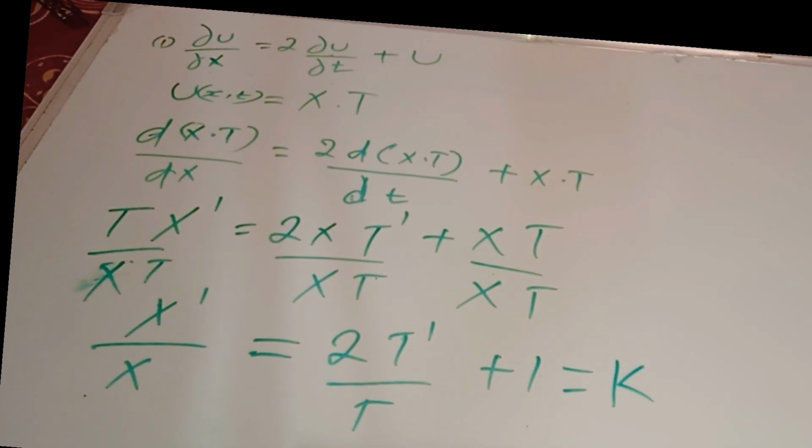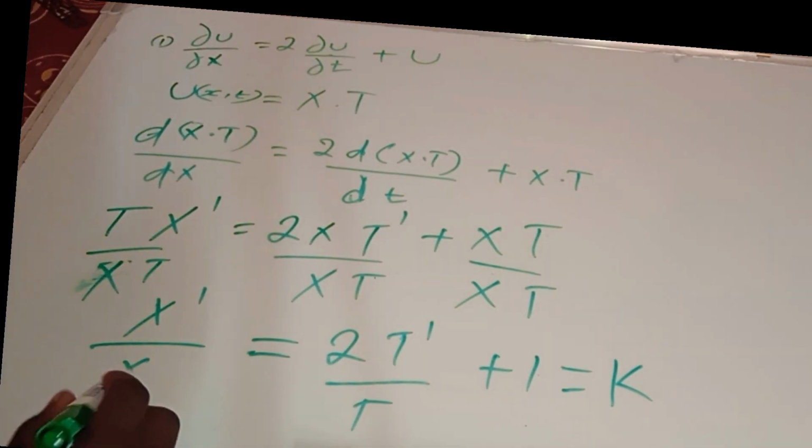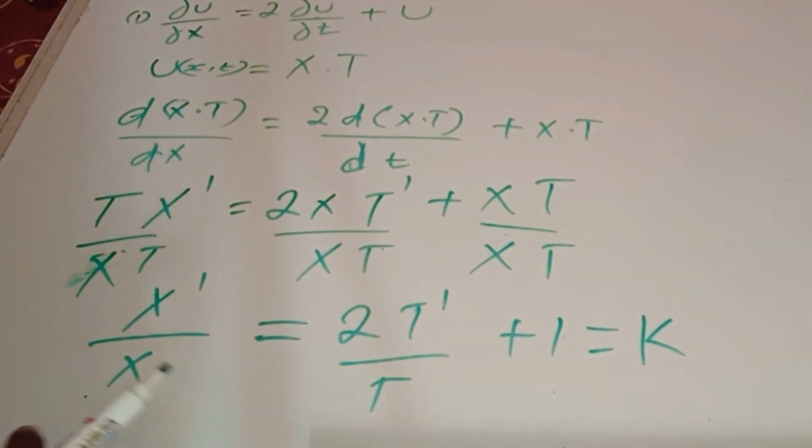Just k is a constant. So this x prime divided by x corresponds to k, and 2 t prime divided by t plus 1 corresponds to k also.